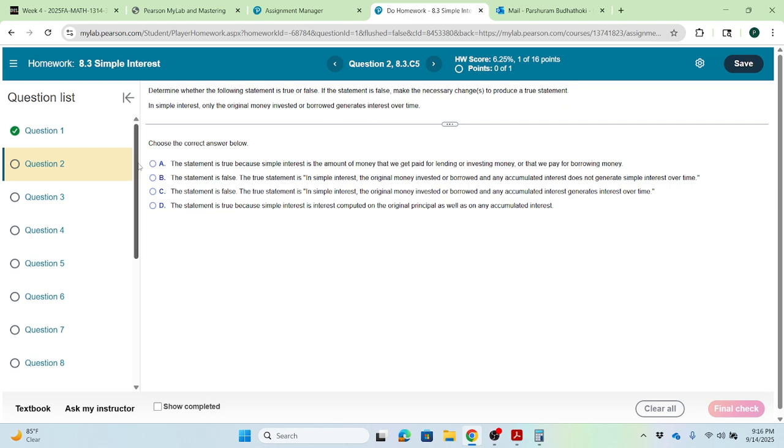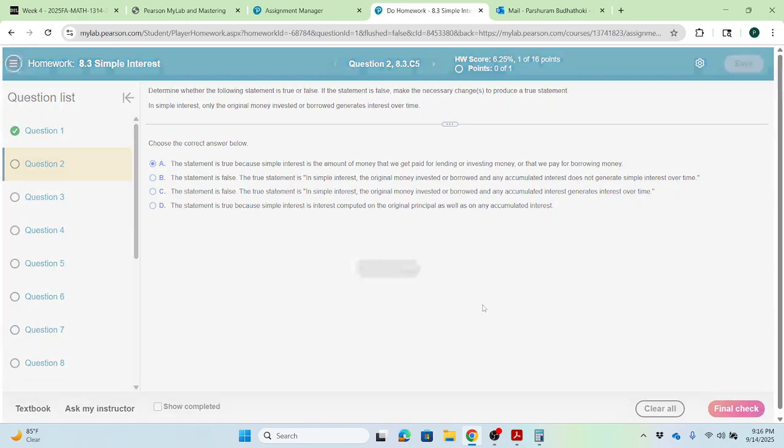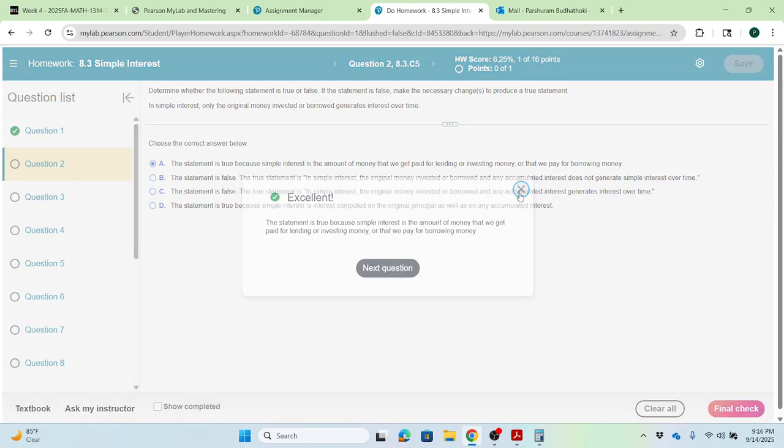Yes, that's a true statement, because the simple interest is the amount of money that we get paid for lending or investing money, or that we pay for borrowing money. Okay, this is true. That's why it's called simple.